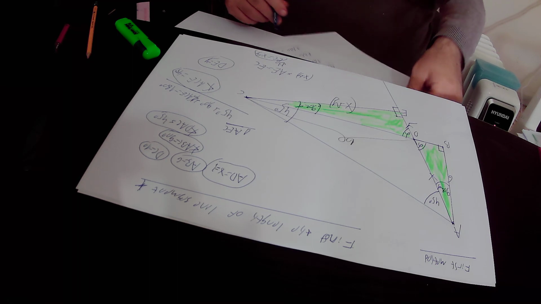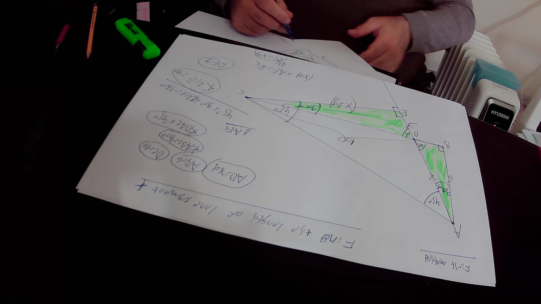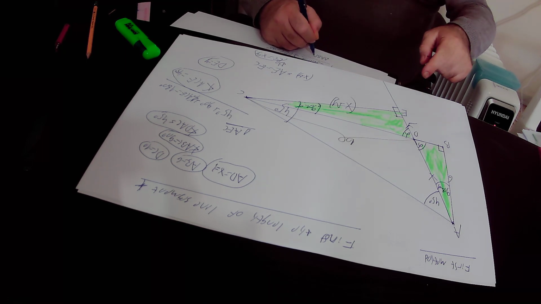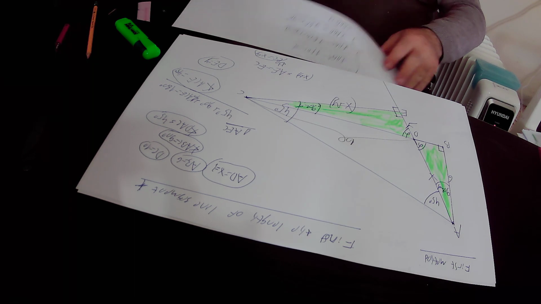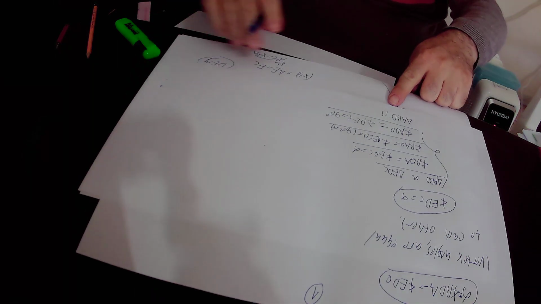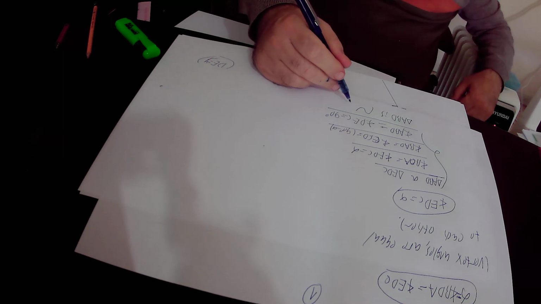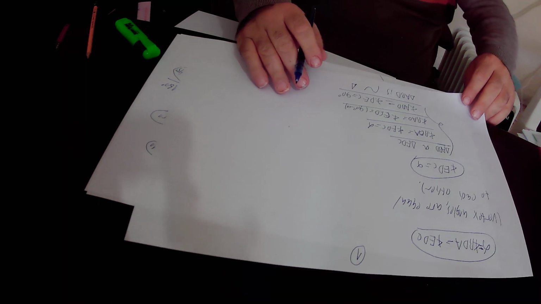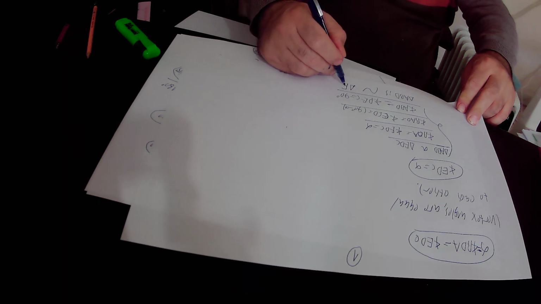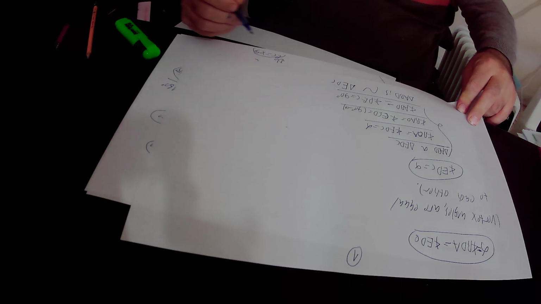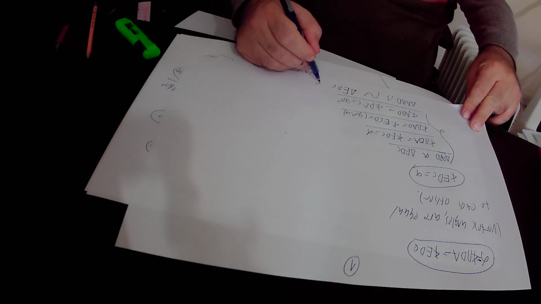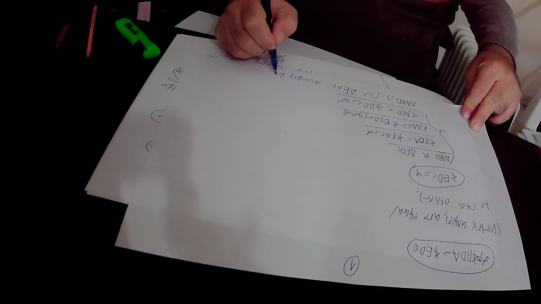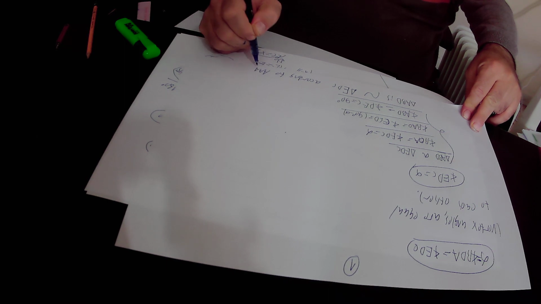Therefore, we actually proved that the right green triangle ABD is similar to the right triangle EDC, according to the angle similarity rule.